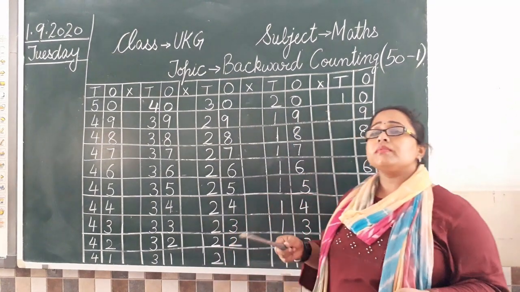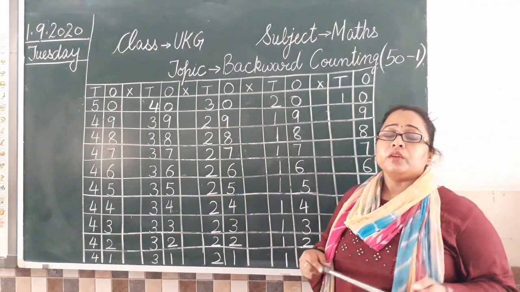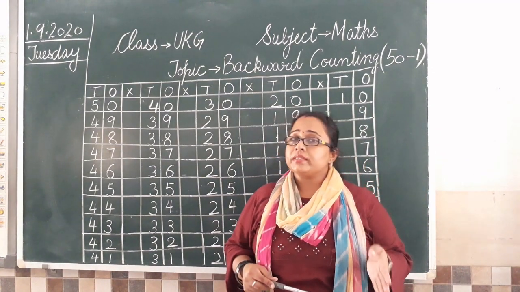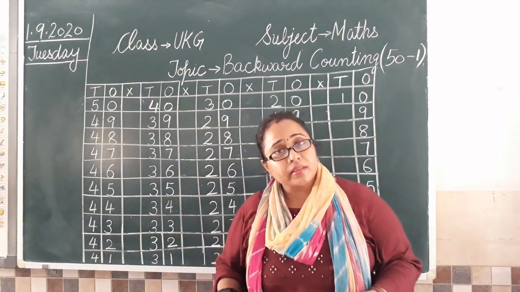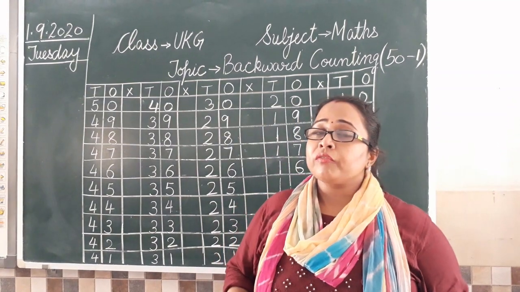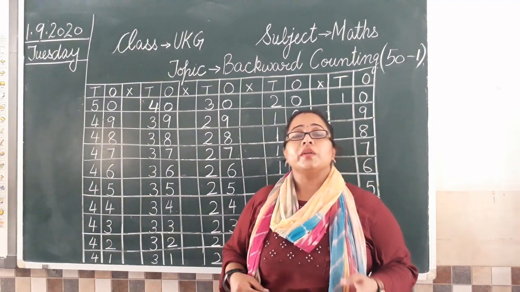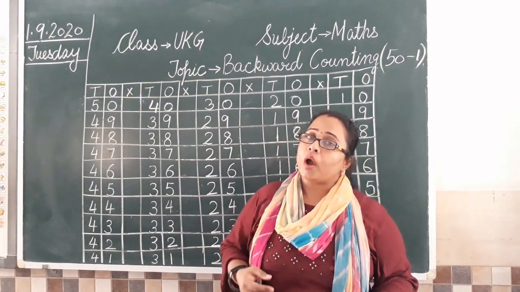Okay, then what comes? 30, 29, 28, 27, 26, 25, 24, 23, 22, 21.